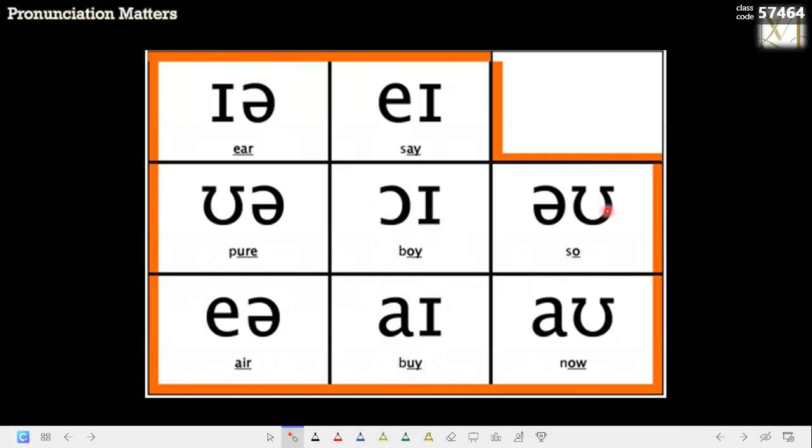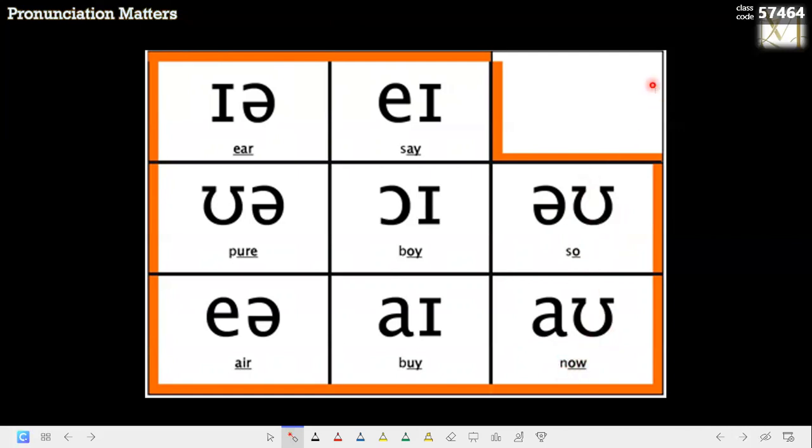Okay, and we have other two diphthongs ending in /ʊ/, as in /əʊ/, like the word so, it's /əʊ/, and here is /aʊ/, as in now.